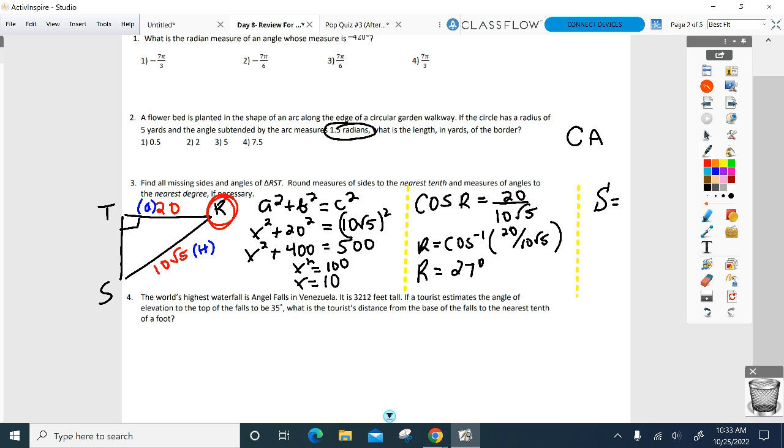Too harsh? Sorry. Everyone see what Tim's saying? Remember your geometry days? 180 degrees in a triangle. So why am I going to do sine, cosine, tangent and waste my time and maybe get it wrong? I got 180. One angle was 90. Just found the other was 27. Angle S, 63 degrees.